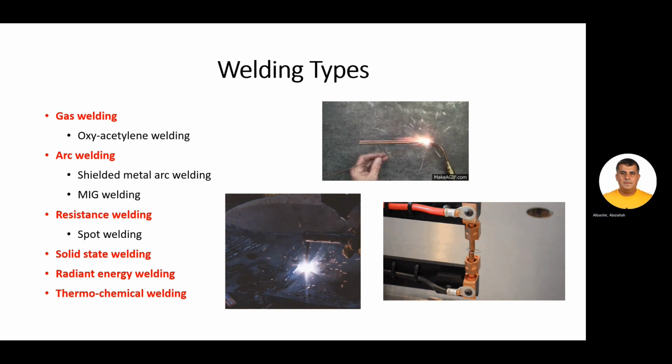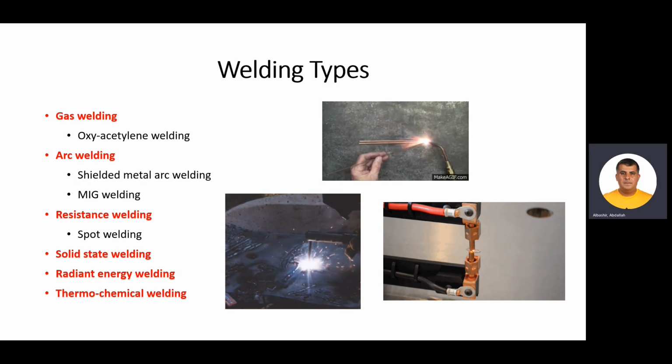Now there are different types of welding. We have gas welding. We burn flammable gases like oxyacetylene. We have arc welding, which we will do in the workshop also.